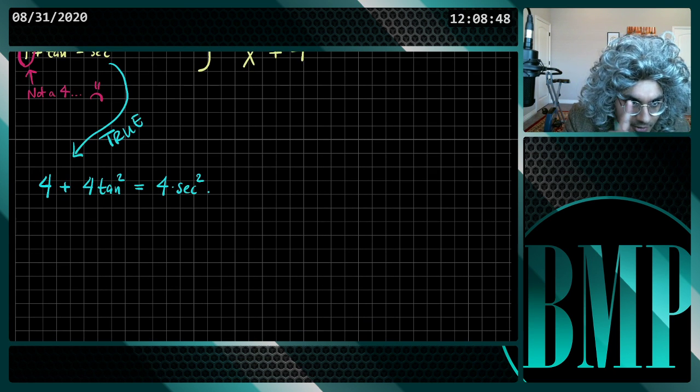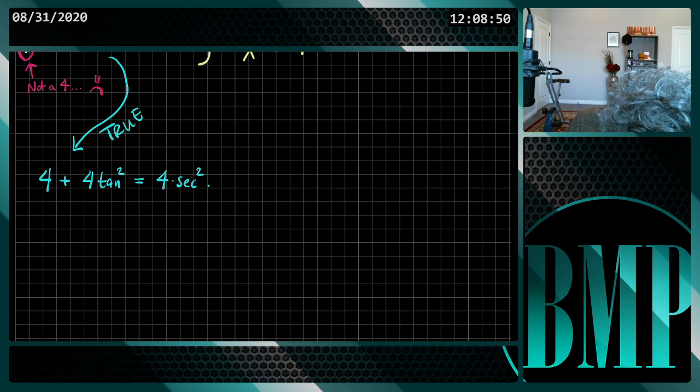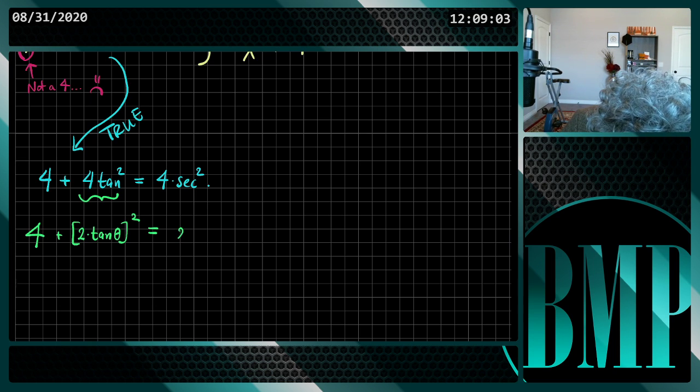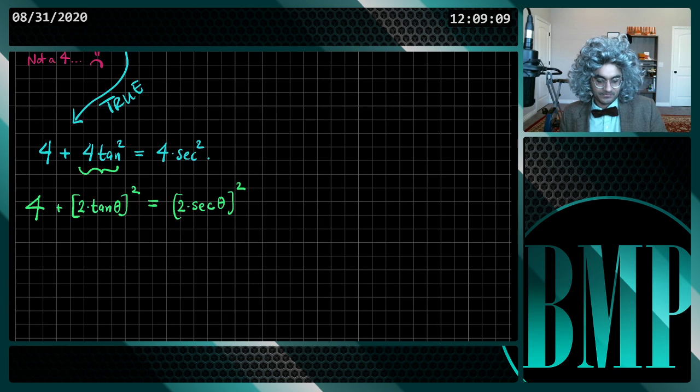Okay, so here we go. Multiply by 4, and now look at this. Just repackage: this is 2 times tangent, all squared, plus 4 equals 2 times secant, all squared.